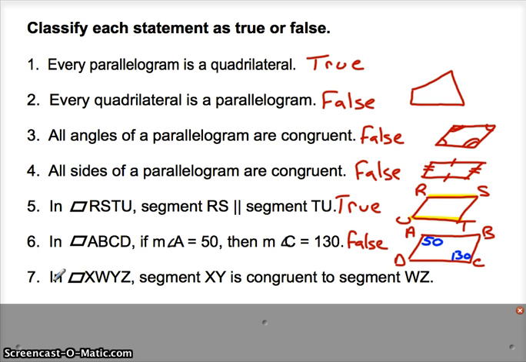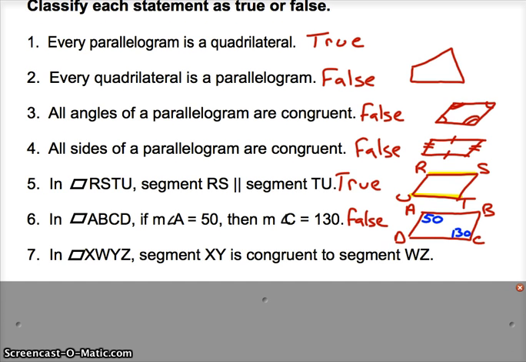All right. Number 7. We have ourselves another parallelogram, and let's see. Segment XY is congruent to segment WZ. Again, easiest thing to do is draw yourself a picture to try to decide if this is going to be true or false. So I make myself a parallelogram and label it XWYZ.